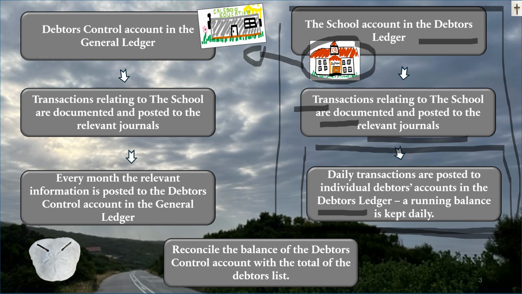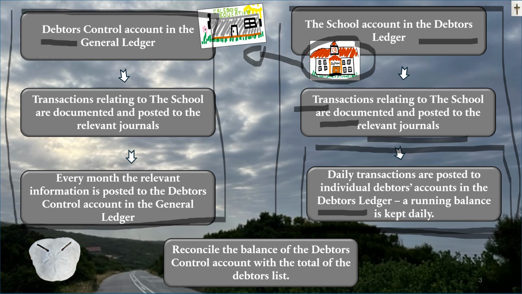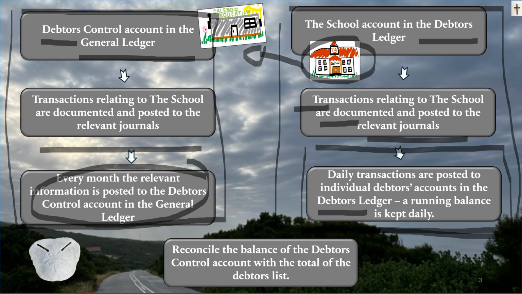Once I've finished the school account in the debtor's ledger, we will move on to the control account in the general ledger, and we're going to post the information from the journals to the debtor's control account, and we will compare the balance of the control account and the balance of the debtor's ledger account.